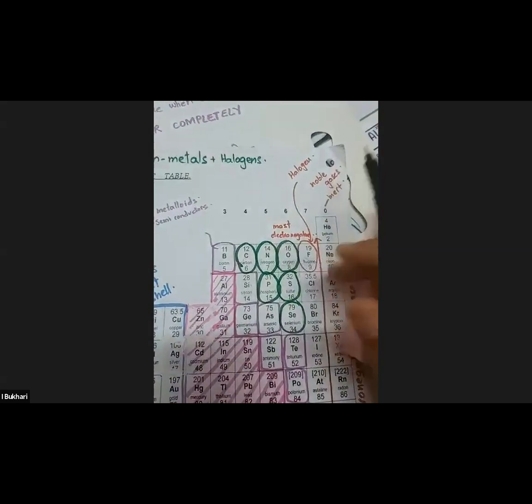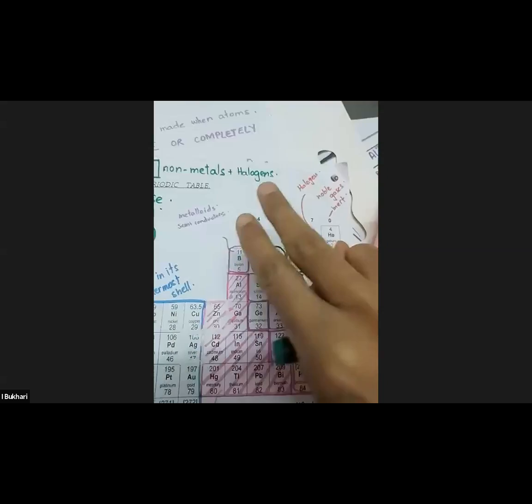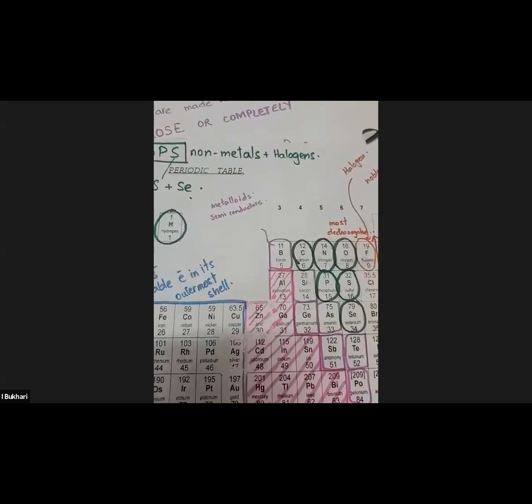Because oxygen has 6 electrons in its outermost shell, both the atoms need 2 electrons to be stable, right? So none of them can give an electron. We don't have an electron donor, so both of them want to gain. So what they will do is that they will share.